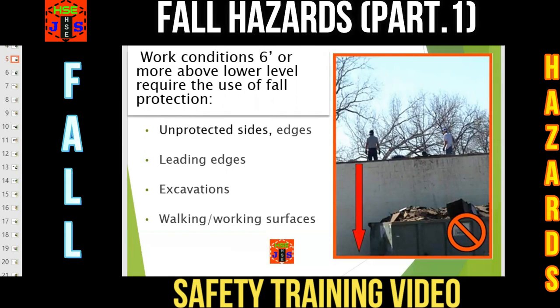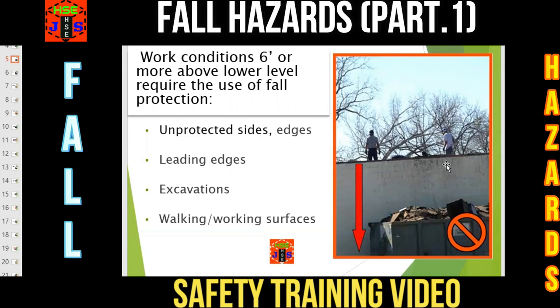Dear friends and fellows, work conditions 6 feet or more above a lower level require the use of fall protection. These people are on the top, and this is an area more than 6 feet high. It means they need fall protection. But you can see they are without any fall protection arrangement or safety requirements.